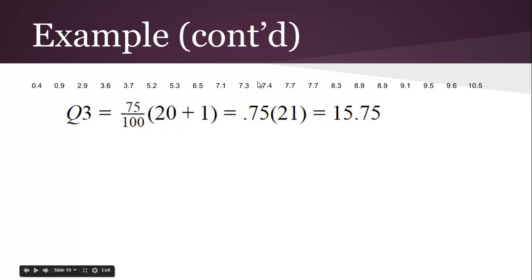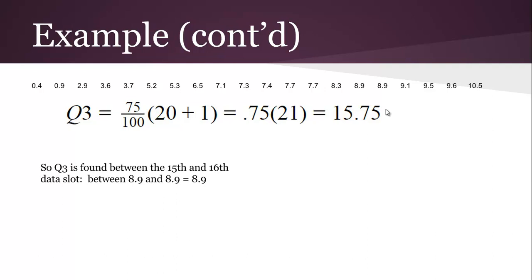So right between the 15th and the 16th data point, and that's 8.9 and 8.9, so right in the middle is 8.9. So Q3 is 8.9. With Q3 being 8.9 and Q1 being 4.45, the interquartile range, how spread out the middle 50% are, is 4.55 minutes.